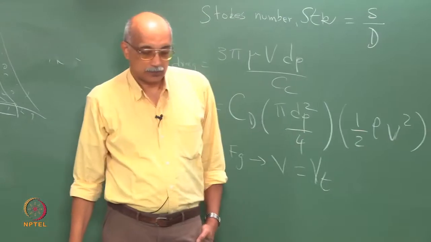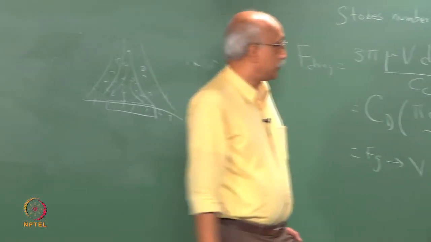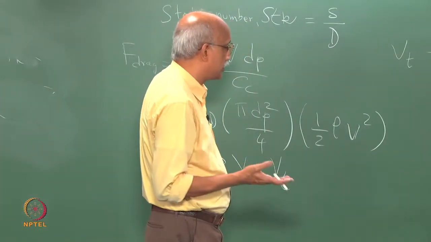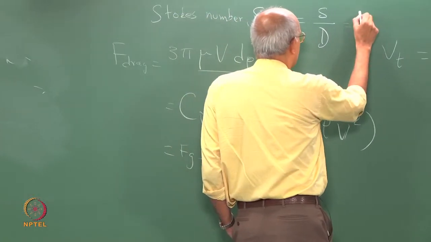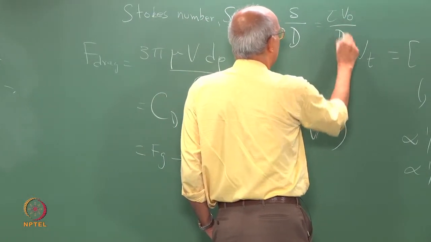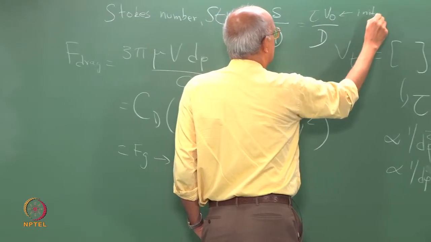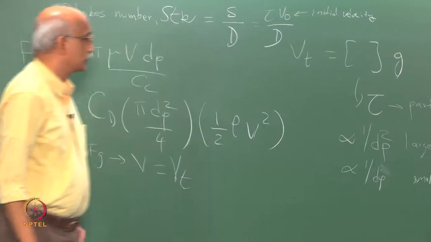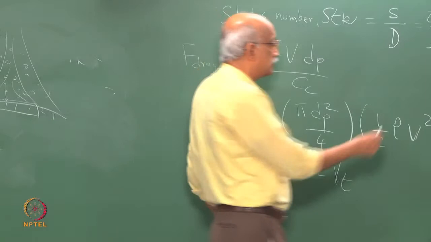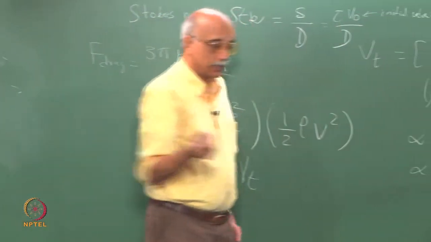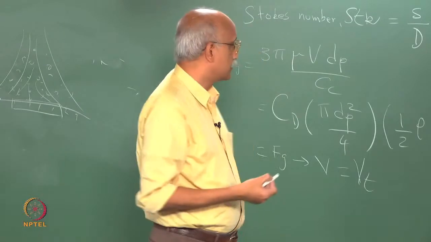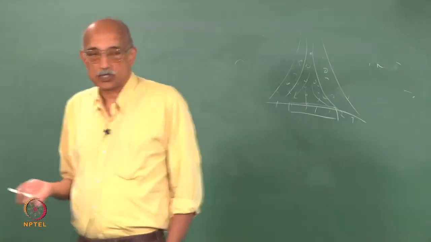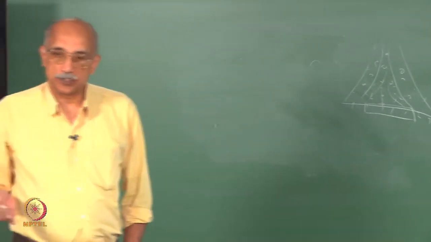Stokes number represents the ratio of the particle stopping distance S to a characteristic surface dimension, and this S is given by tau times V0 by d, where tau is again the particle relaxation time and V0 is the initial velocity of the particles. Tau times V0 represents the distance that the particle would travel before it comes to a complete stop.